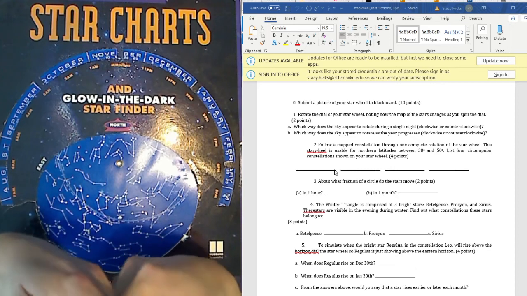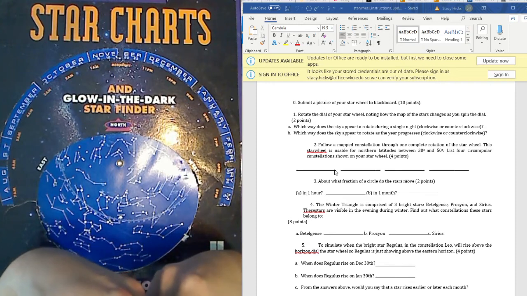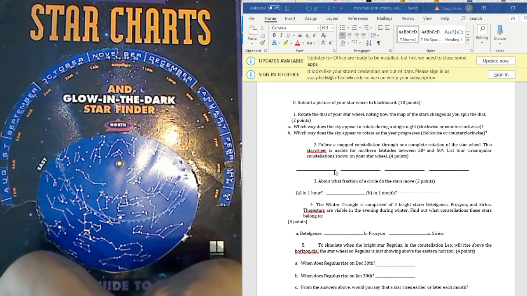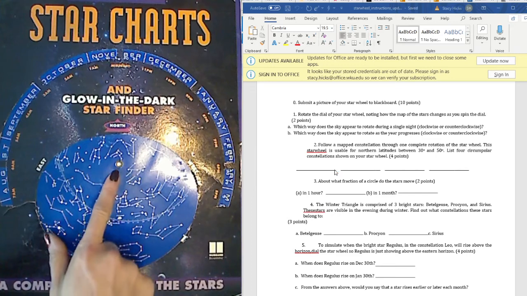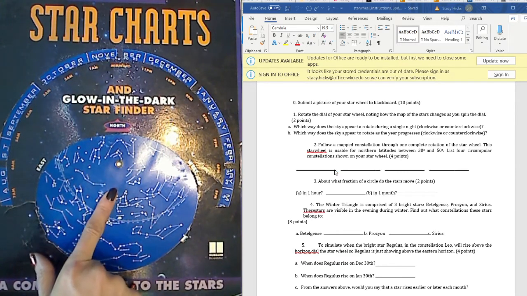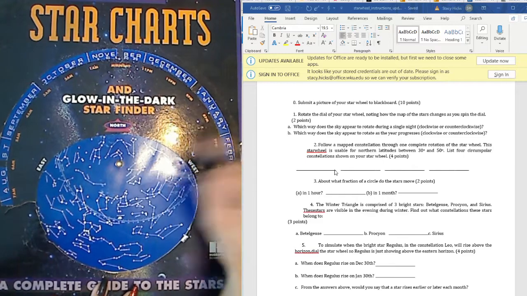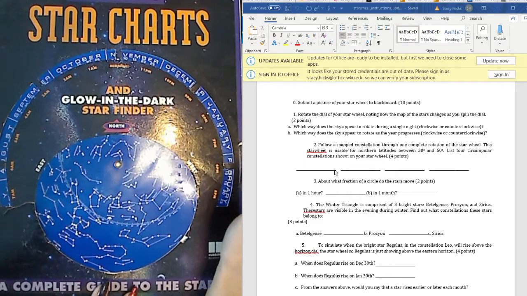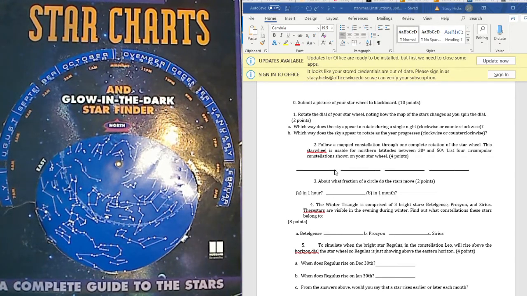And so this lines up with our latitude. Here near Bowling Green, we are about 37 degrees north latitude. So that means constellations in the sky within an altitude of 37 degrees are going to be circumpolar. All right, so you're looking for the constellations that never go behind the horizon as the Earth rotates and as we rotate throughout our orbit.